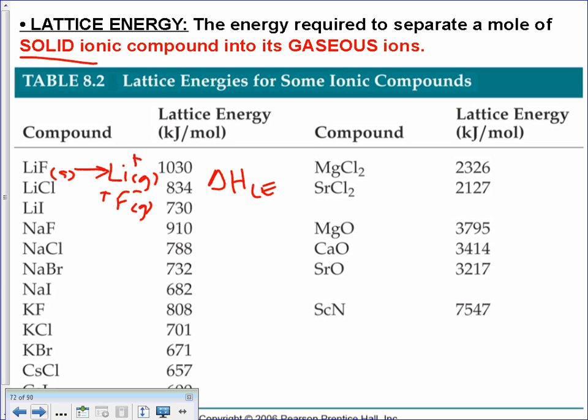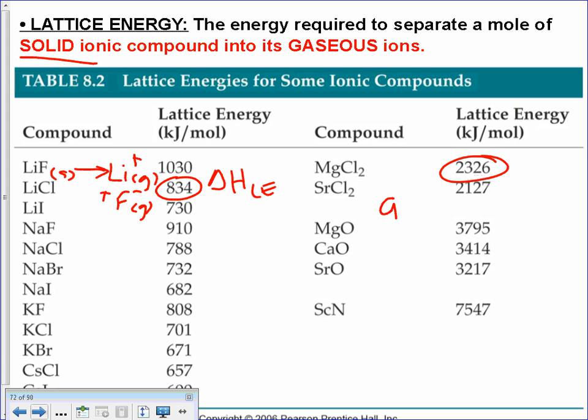So what do you notice, for example, for the chlorine example, lithium chloride 834, magnesium chloride 2326? Why is that lattice energy so much greater? Give me a good phrase for it. So higher charge, stronger attraction. That term is called a higher charge product.